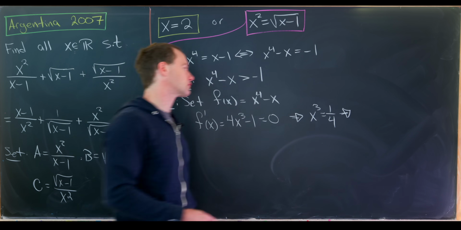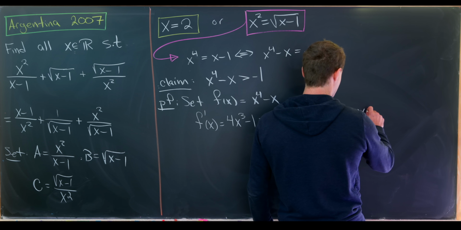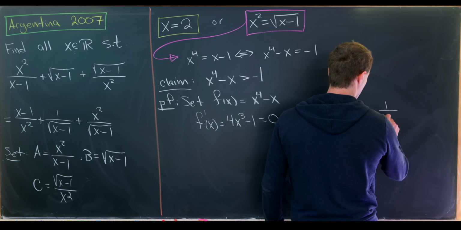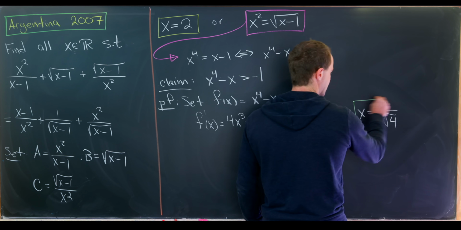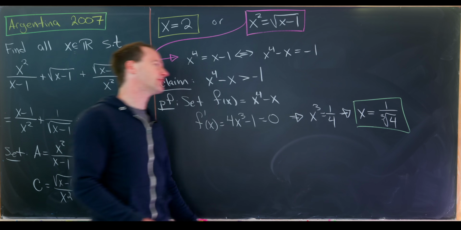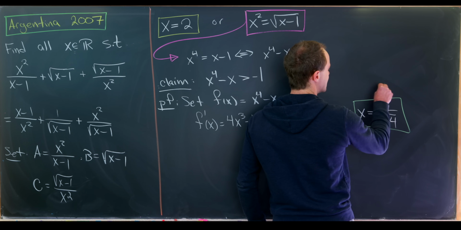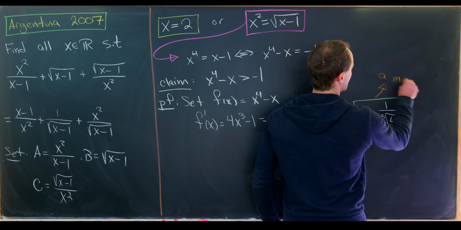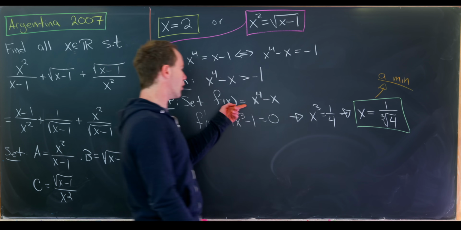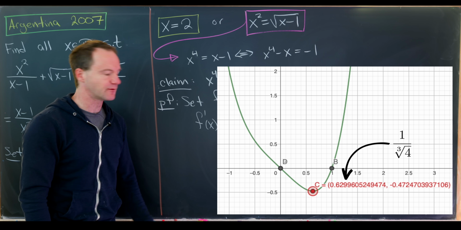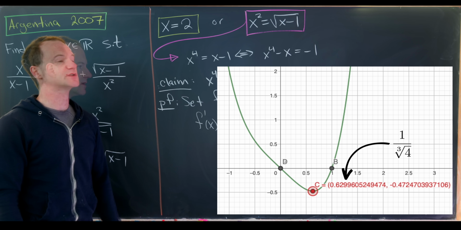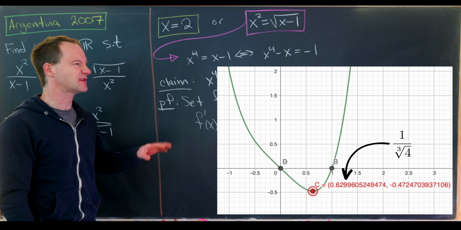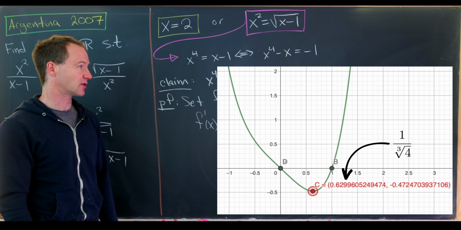And that single real solution is x equals 1 over the cube root of 4. Okay, great. Now this will definitely correspond to a minimum, because the overall shape of this x to the 4th minus x is like a parabolic type shape. So we're leaving a few details out here, but I think that's okay for the end game of this problem.